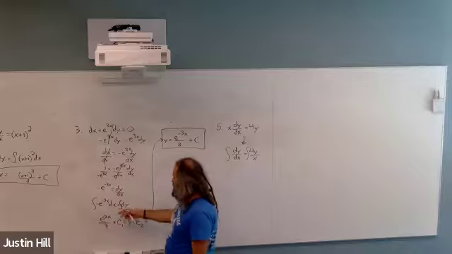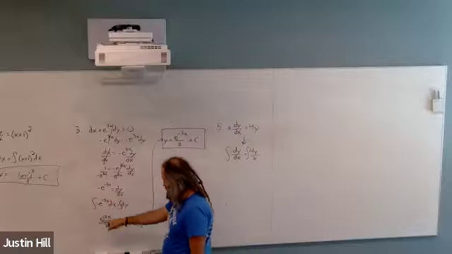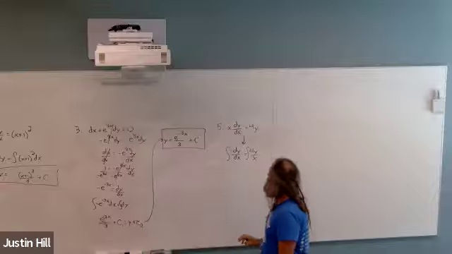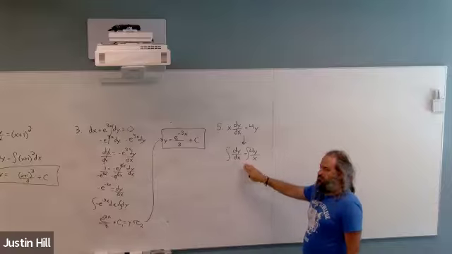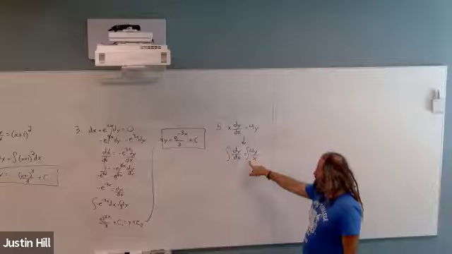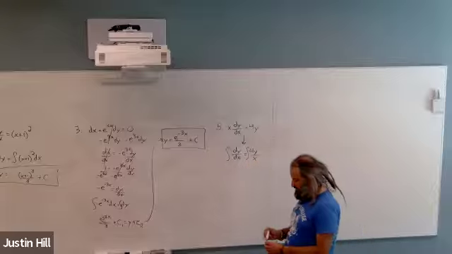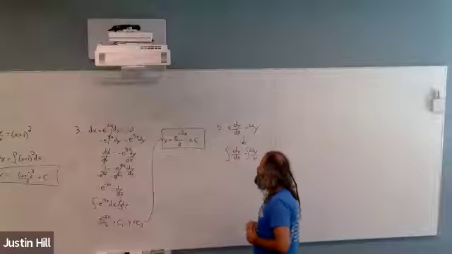Here it's going to matter. This is y prime, and the integral of y prime is y. But I don't know what the integral of 4y over x is, because I have mismatching variables there.